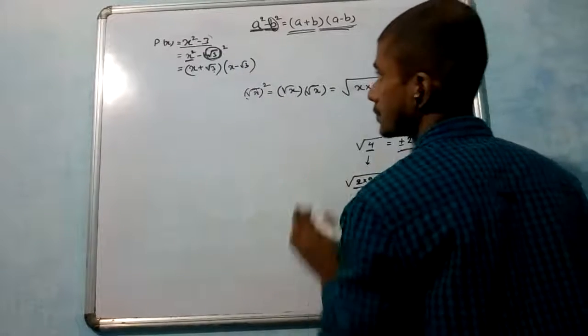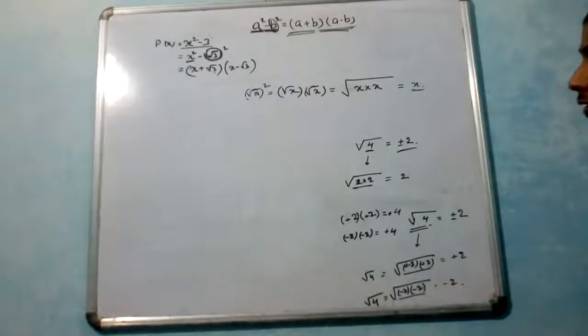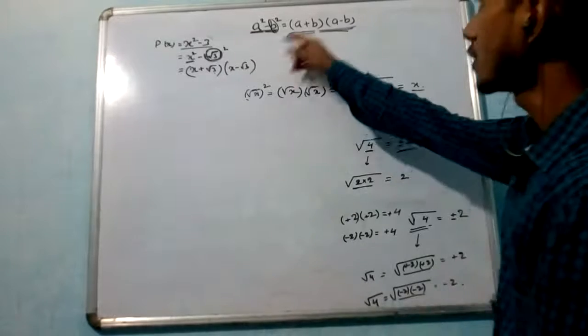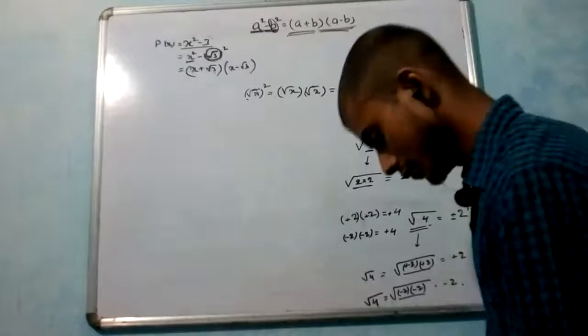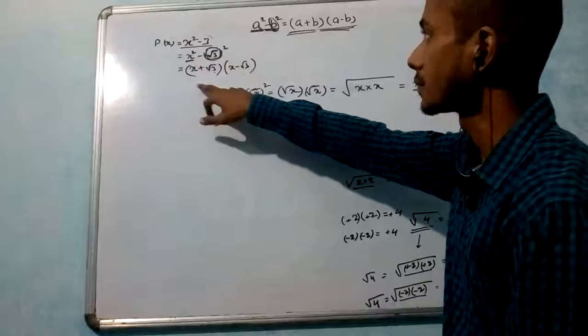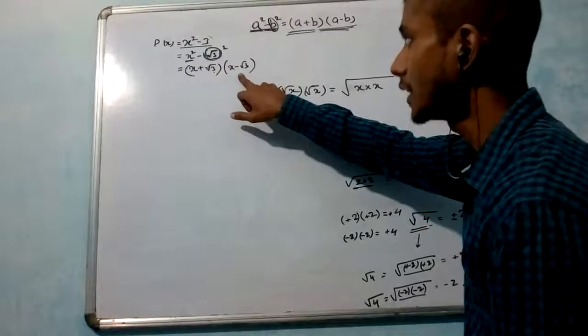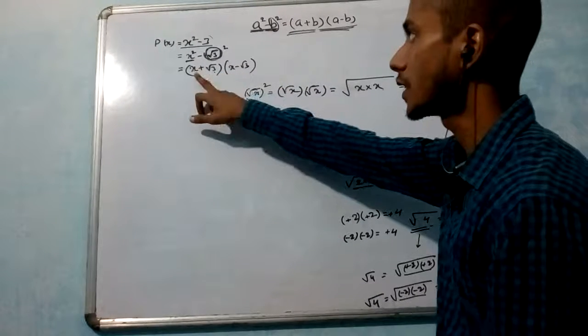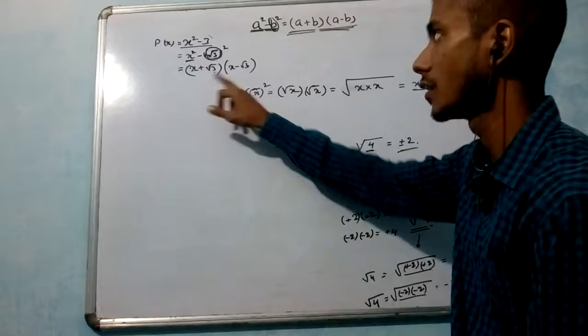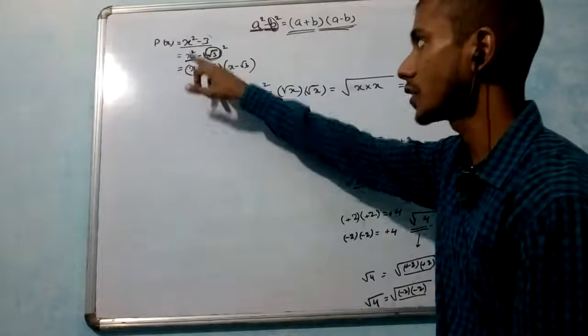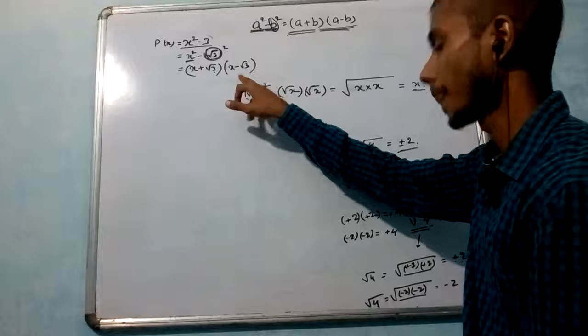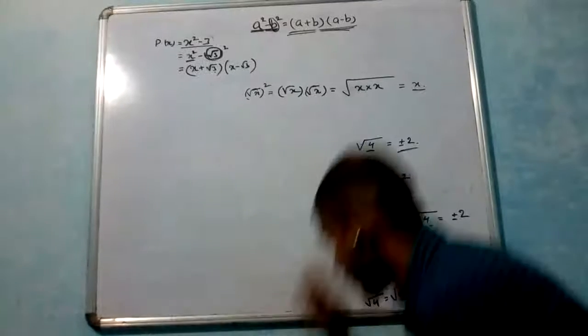Understanding? Why did I do all this? To get our product in the linear form. We got it. See, the degree is 1, degree is 1. Both are in linear product. This was quadratic. These two are linear. Okay. Now can we get the zeros?